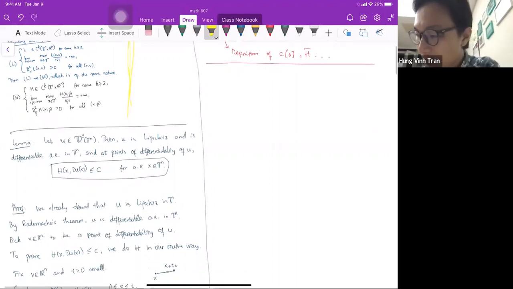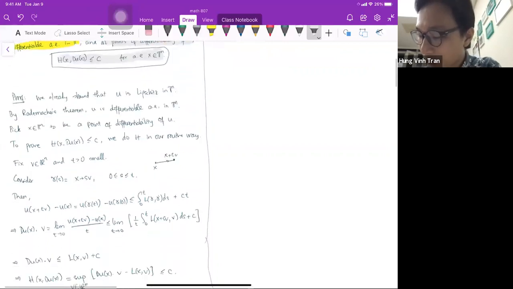The result we proved last time was that if U is in DC of Tn, then U is Lipschitz, so it's differentiable almost everywhere. And at points of differentiability, we have shown that H of x, Du is less than or equal to c.